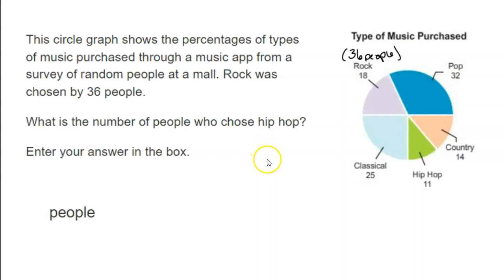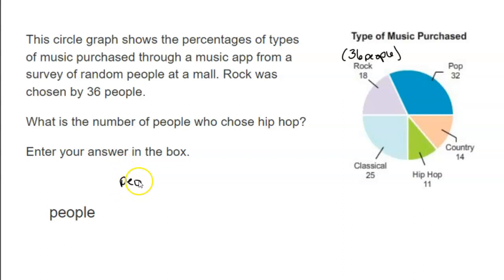First of all, we need to figure out that if 18% is 36 people, how many people would 11% be? So that's what it's asking. We can set this up a couple of ways. Either you can figure out the total number of people and then figure out 11% of that, or we can do a proportion.